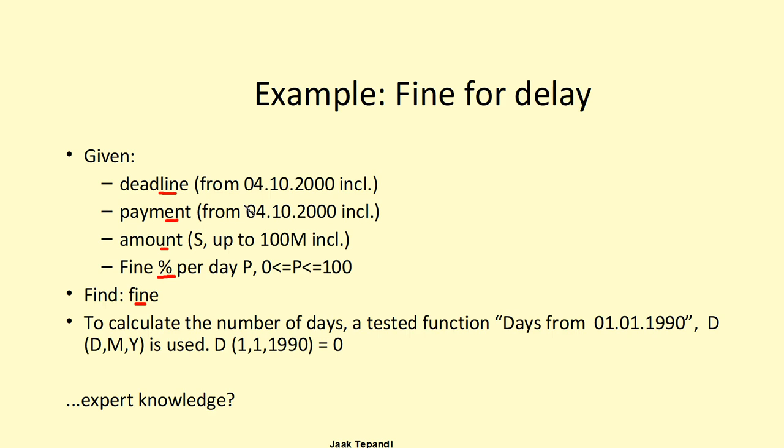For example, we might know something about how the fines are calculated according to our legislation, which would be application domain area knowledge. We could know something about typical errors associated with dates and deadlines, which might be knowledge about programming and functions.